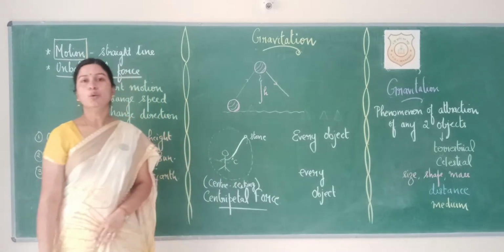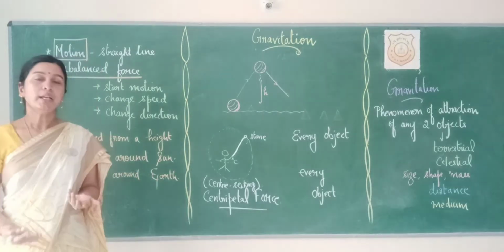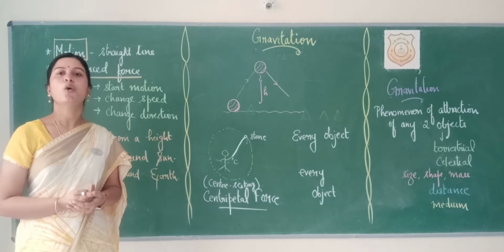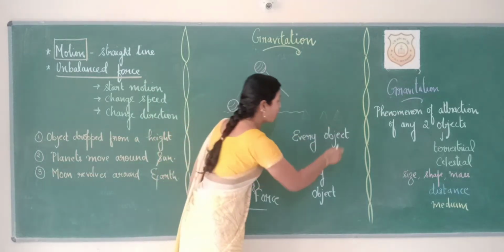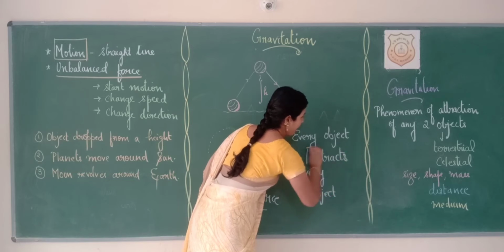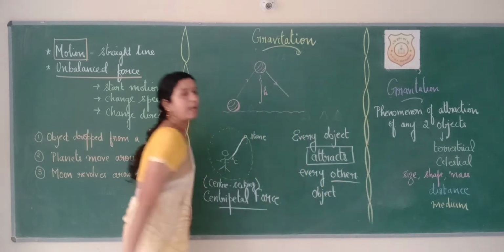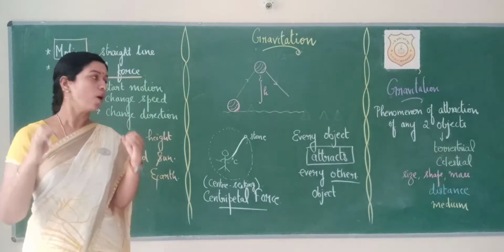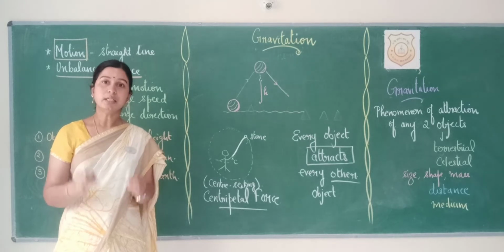What did Newton infer by all these examples? It is not only certain objects which are able to attract a few objects towards them, but according to Sir Newton, every object attracts every other object in this universe.